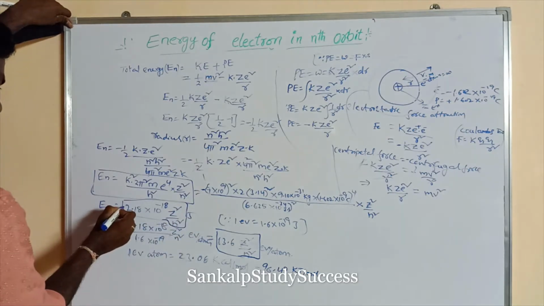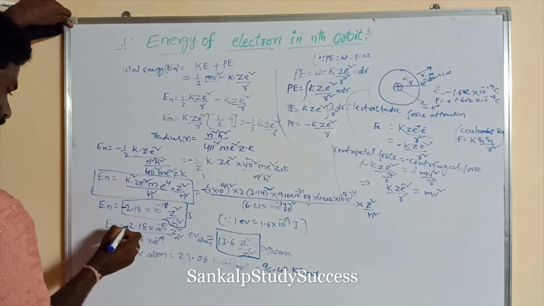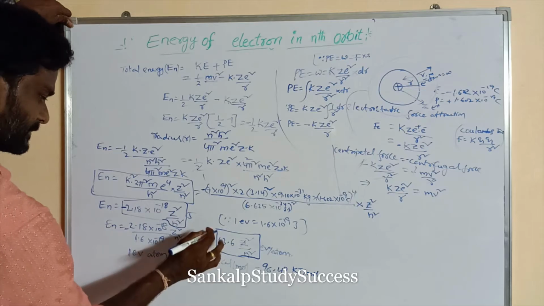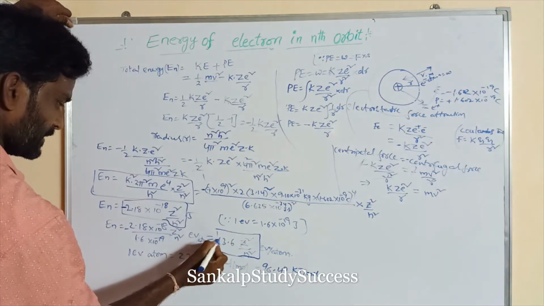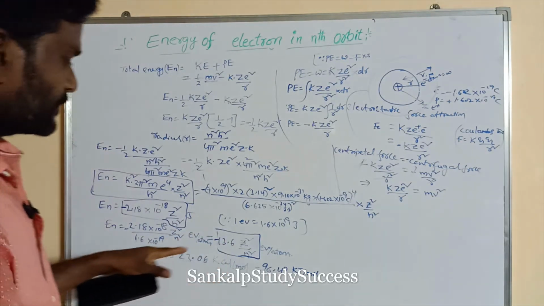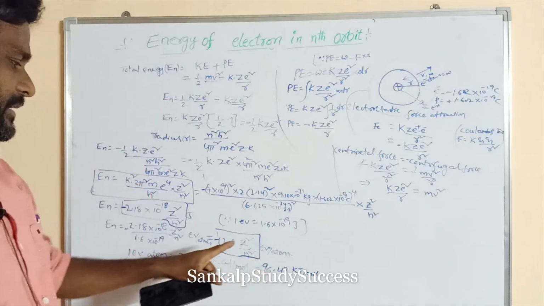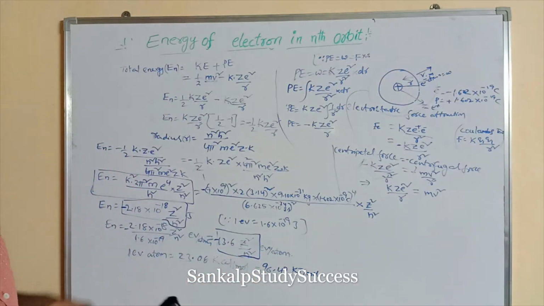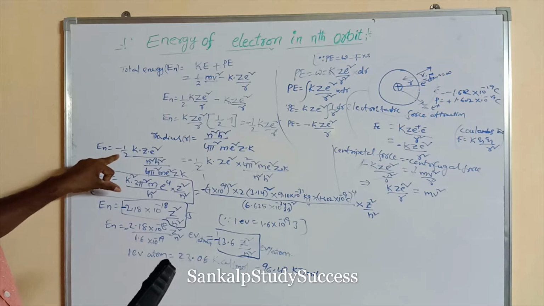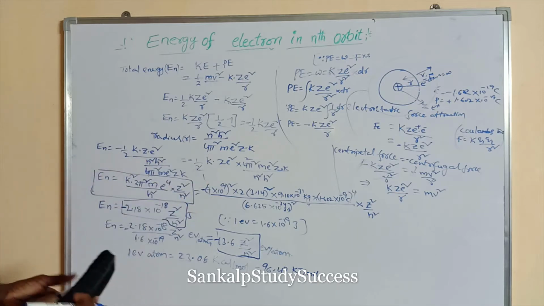This value is present in minus, so it is minus 13.6 into z square by n square electron volt per atom. So the value is negative.